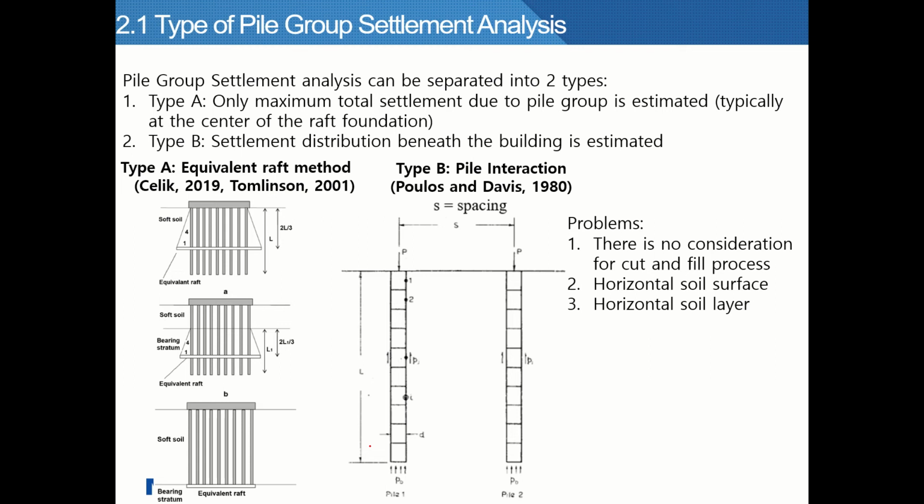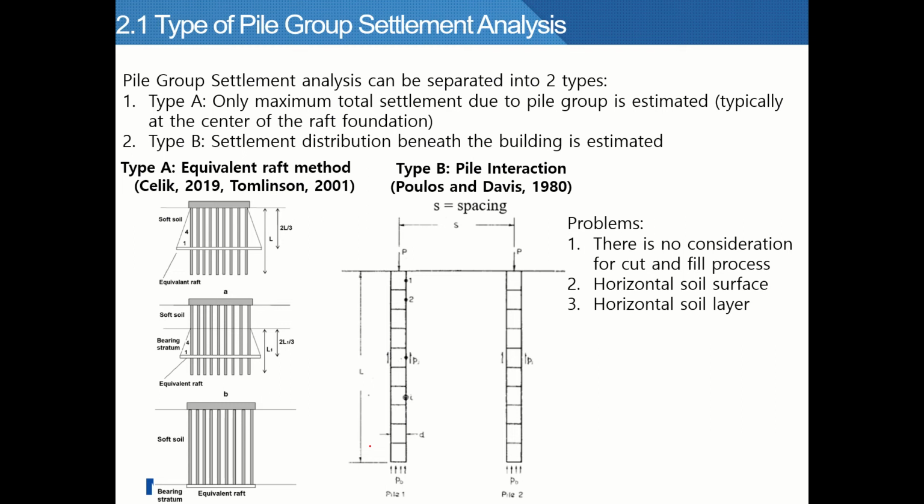And of course over here we assume that the soil surface is horizontal and the soil layer is also horizontal. So there are a number of assumptions when we use the conventional method, and it doesn't mean that this method is not good. This method is applicable, of course, and it has been successfully implemented over the years.